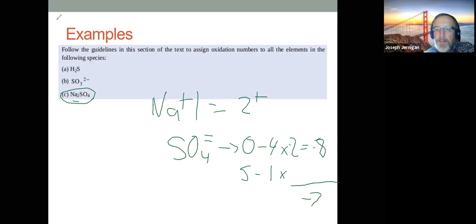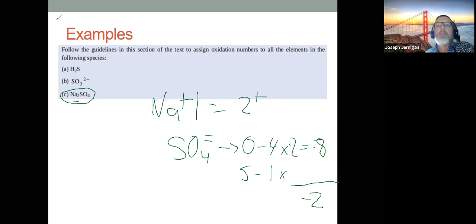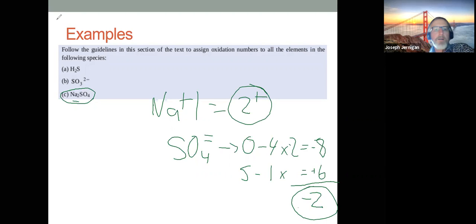Getting ahead of myself. So in order to get a -2, -8 plus +6, let's see if I got that right. Yeah, it's going to give +6. -8 plus 6 gives us -2. And that -2 combines with that +2 to make it neutral.